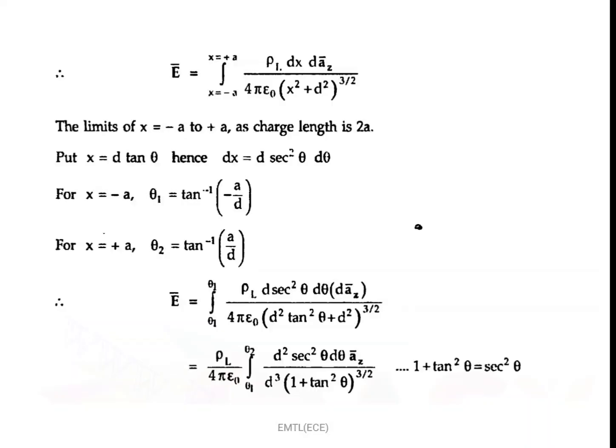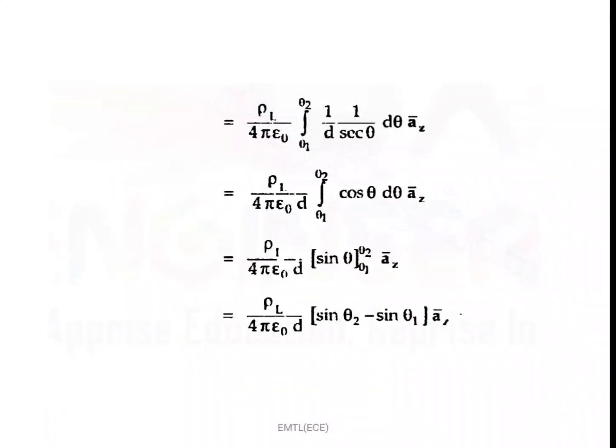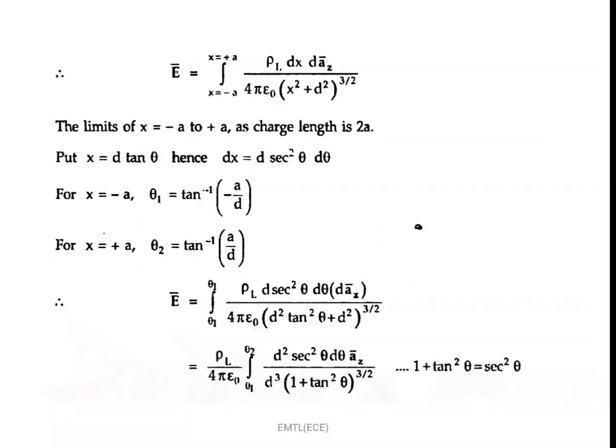So here secant square theta whole power 3 by 2 is secant cube theta. That means in the numerator d square secant square theta is there, and in the denominator d cube secant cube theta is there.